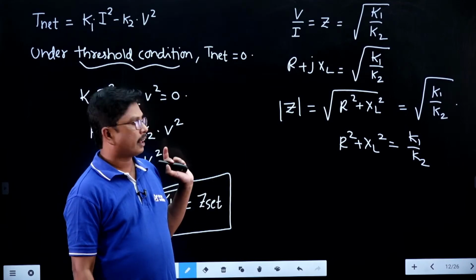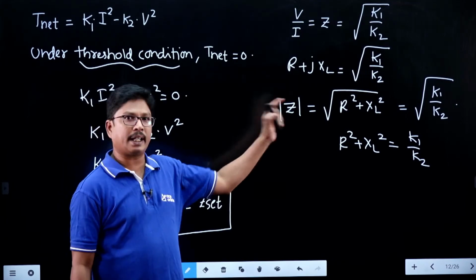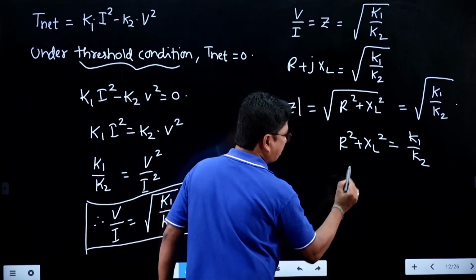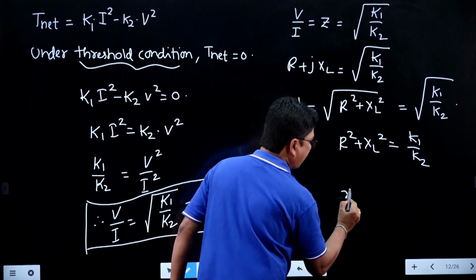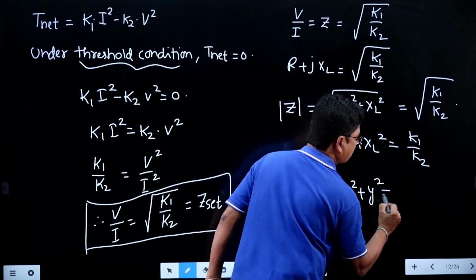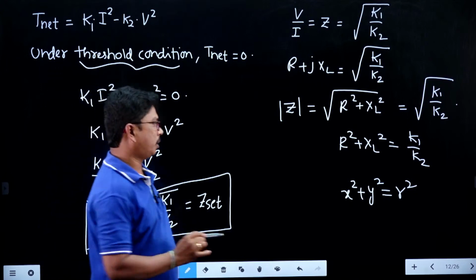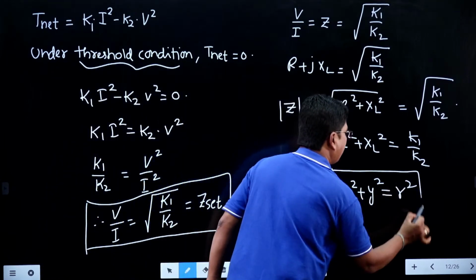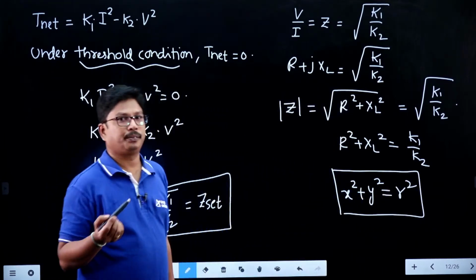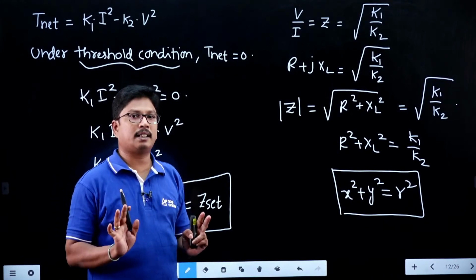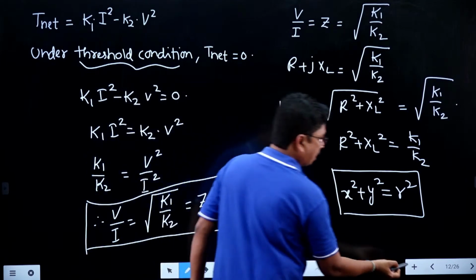Now if you see this equation, X square plus Y square is nothing but R square, which looks like a circle. So the characteristic of this impedance relay is a circle.